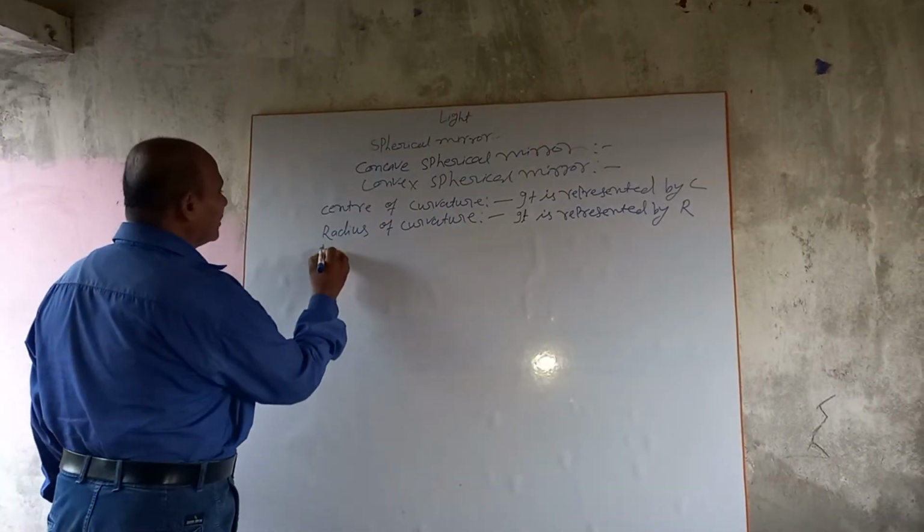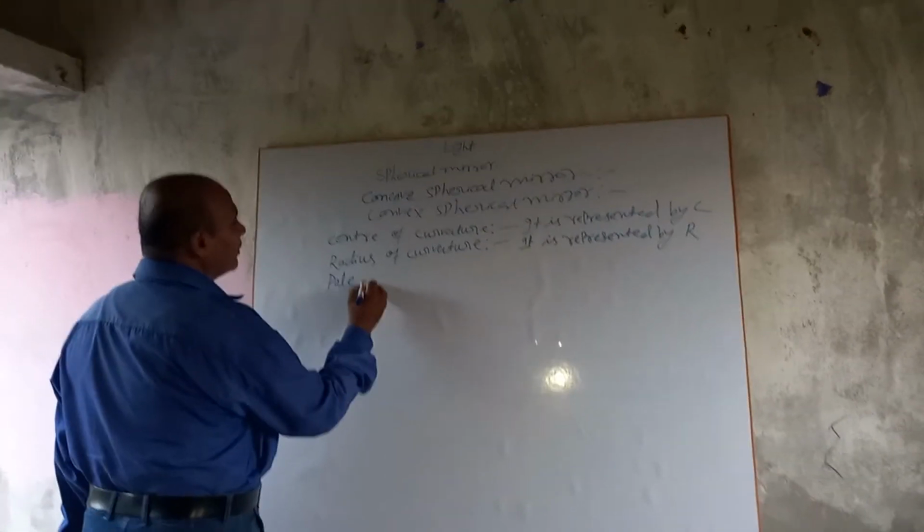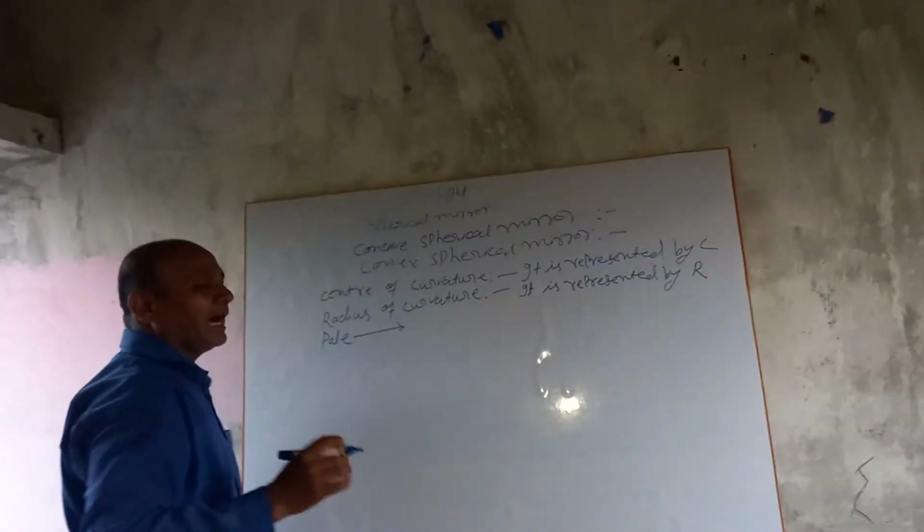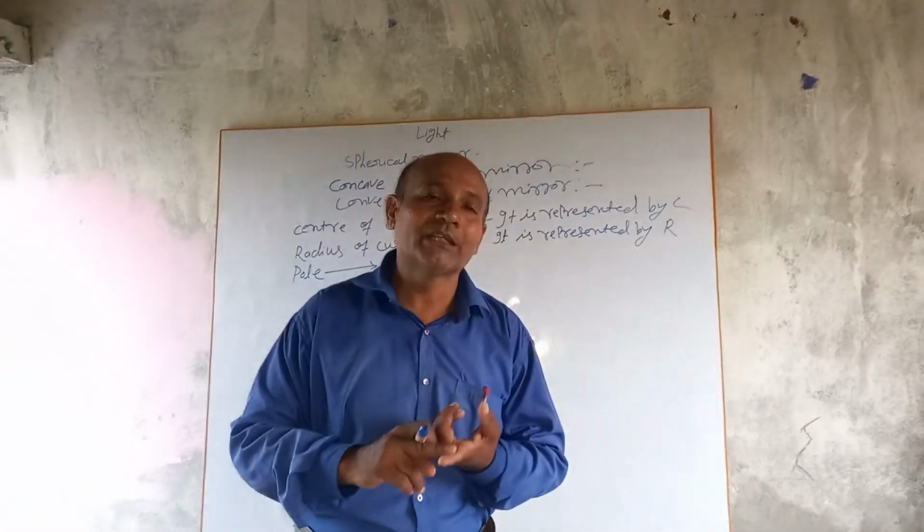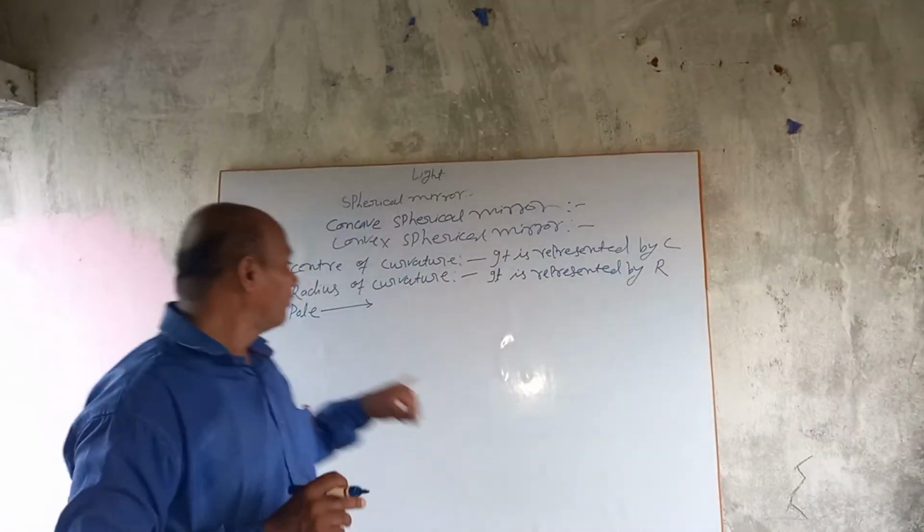Next, pole. What is pole? The middle part of a spherical mirror is called pole.